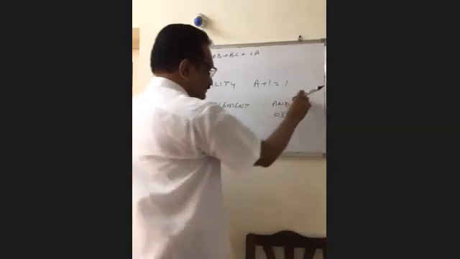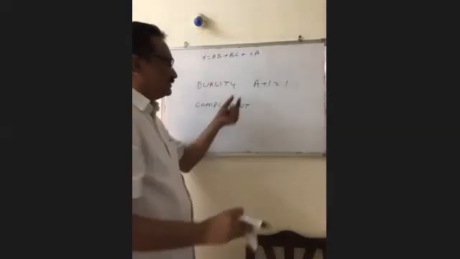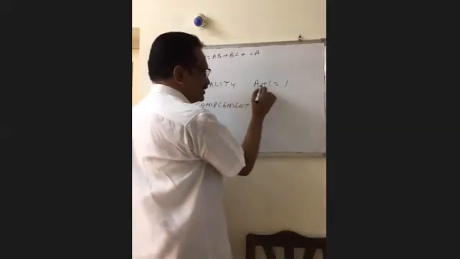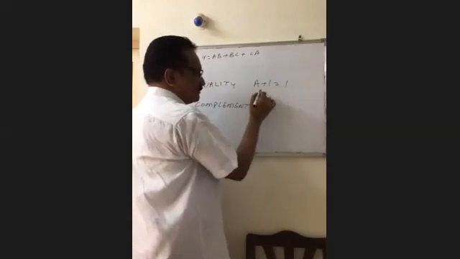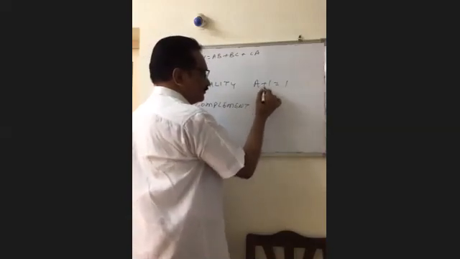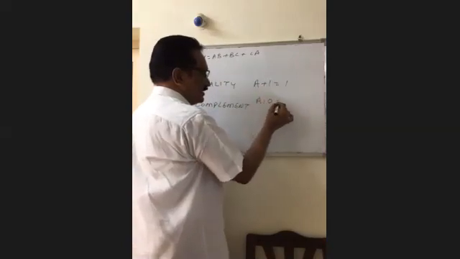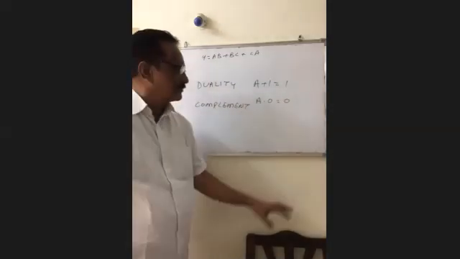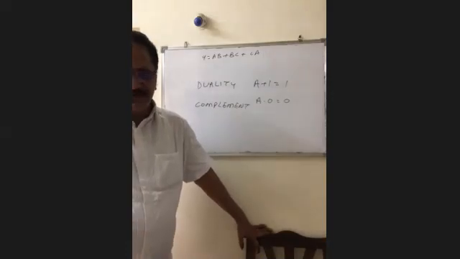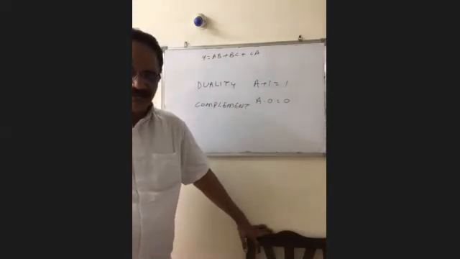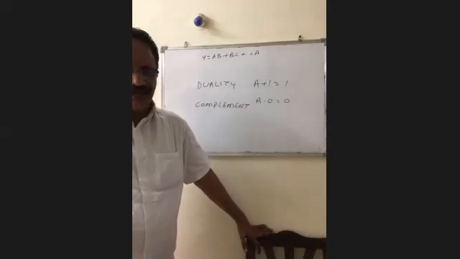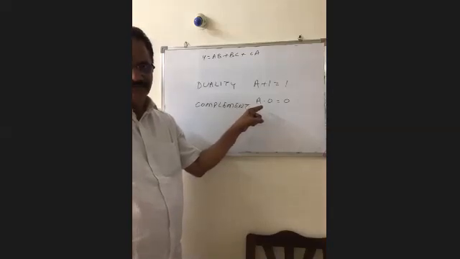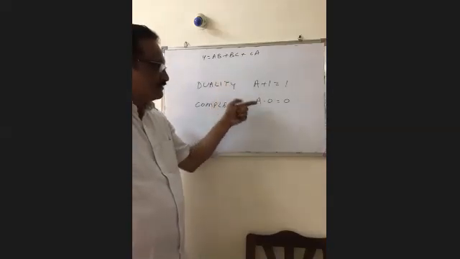Say for example, the dual for this one: change the OR operation with the AND operation. So A into 1 and 1 with 0 equal to 1 with 0. A into 0 equal to 0. It is also a valid one. It is also a null law. The dual for this one is equal to this one.